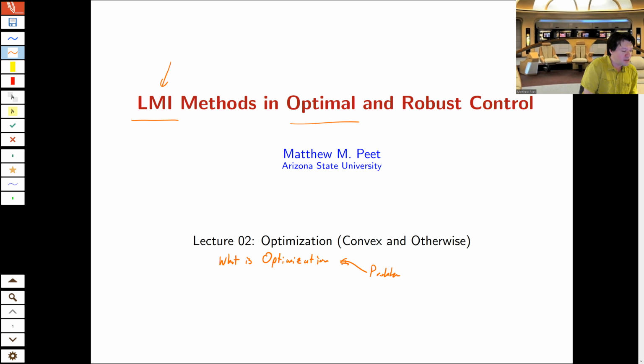And then we're going to actually do it a little bit backwards. We're going to talk about how to reformulate optimization problems. How to take one optimization problem, and there's lots of optimization problems which are equivalent to that problem in some sense. We're going to talk about equivalences between optimization problems, how to move from one to the other.